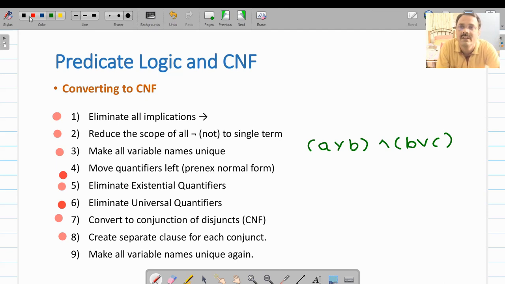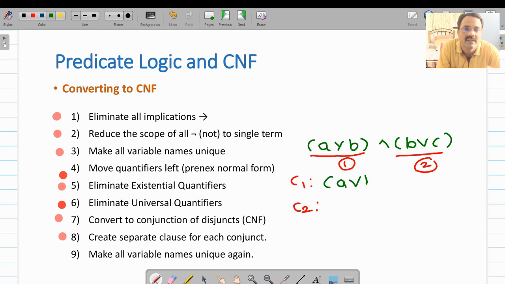Now you will find there are two conjuncts. This is first and this is second. So you will have to separate them out, and that will result in two clauses. One clause is C1 and another clause will be C2. So C1 will be A or B and C2 will be B or C. So one clause has resulted in two clauses.